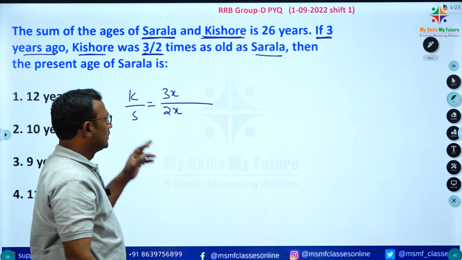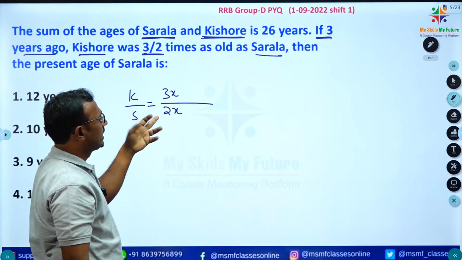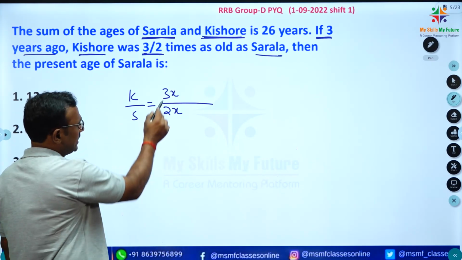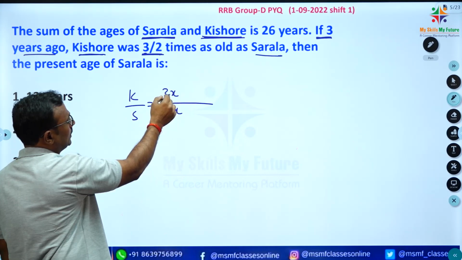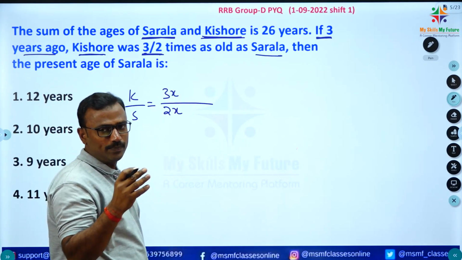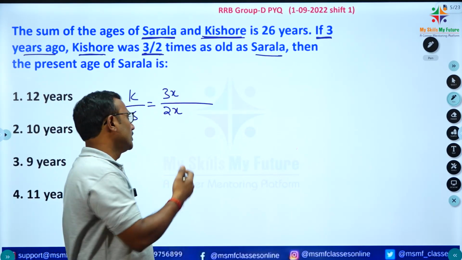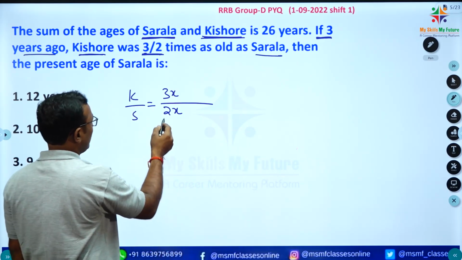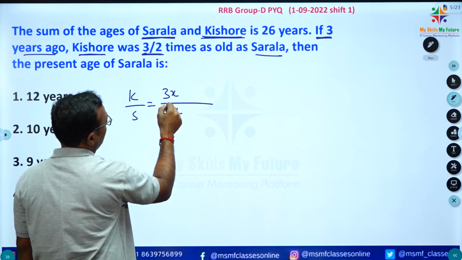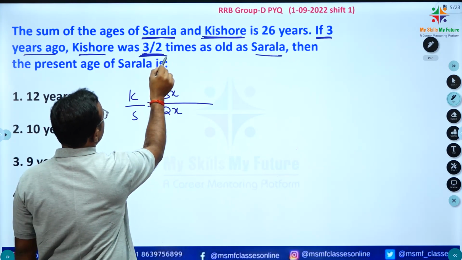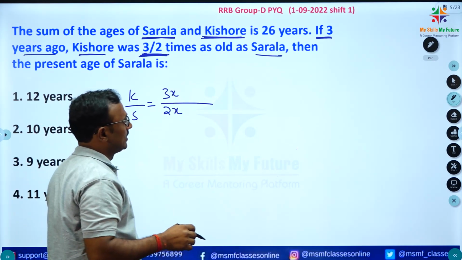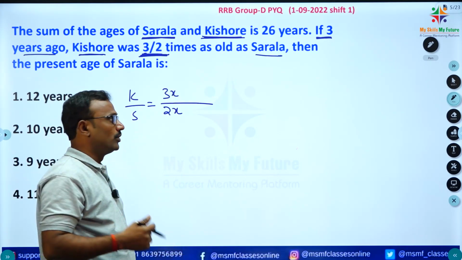So 3x is the age of Kishore 3 years before, and 2x is the age of Sarala 3 years before. We are writing this equation using this information: Kishore was 3/2 times as old as Sarala 3 years ago.